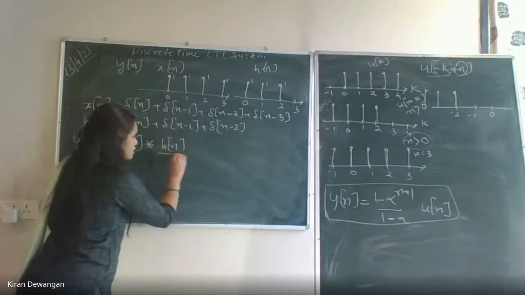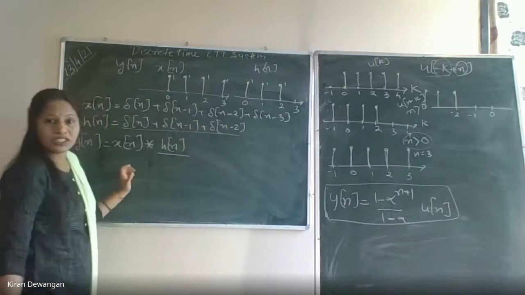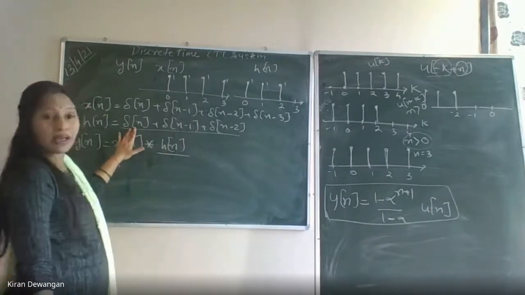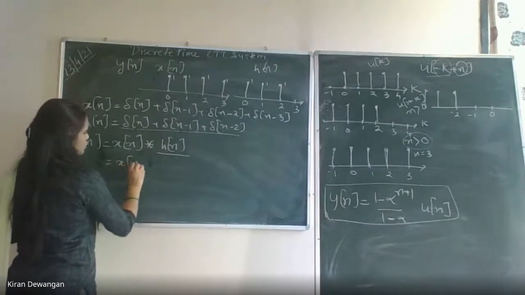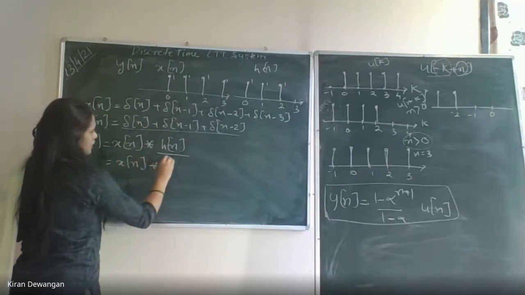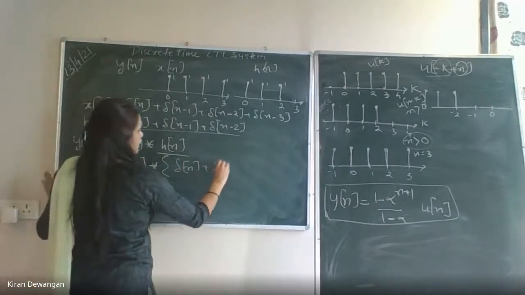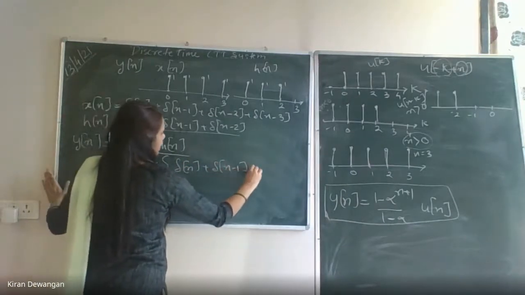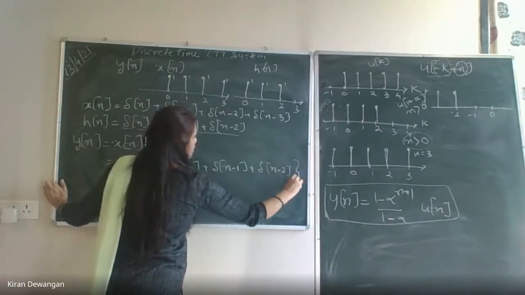Now we'll just replace the h of n by these values. It will be x of n convolution del n plus del n minus 1 plus del n minus 2.